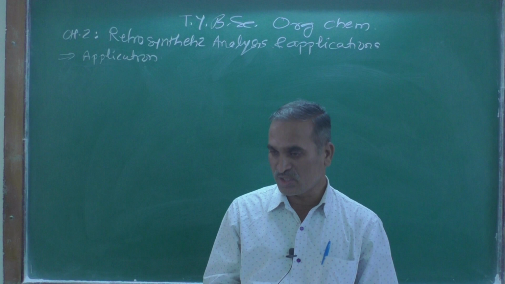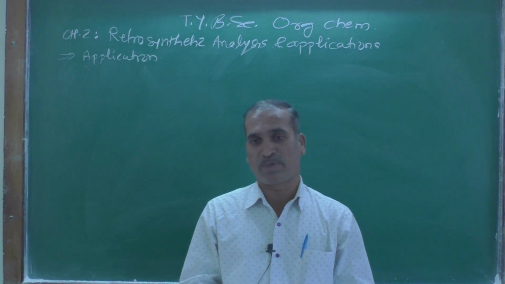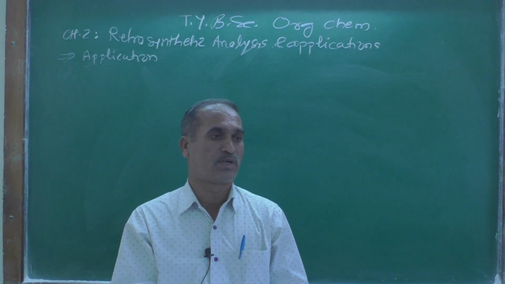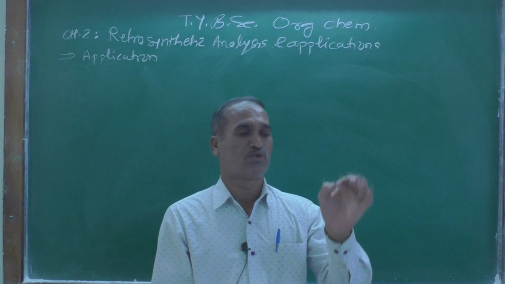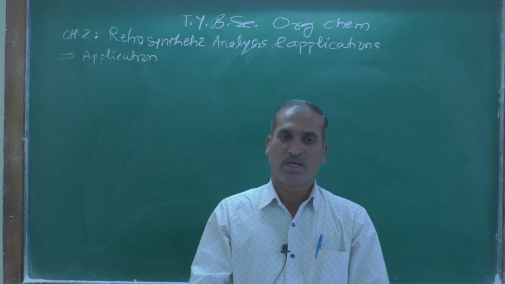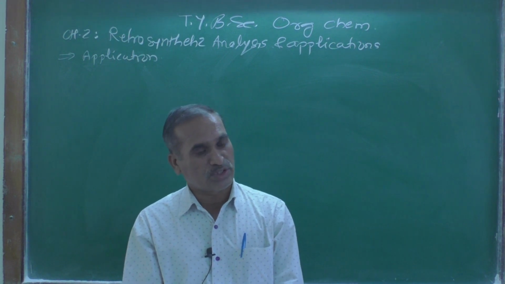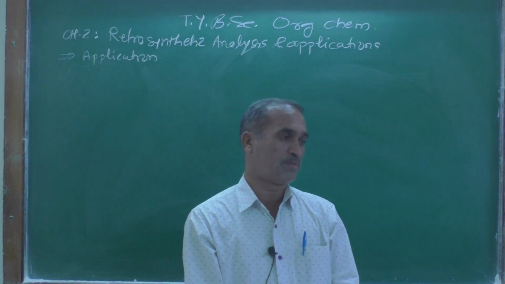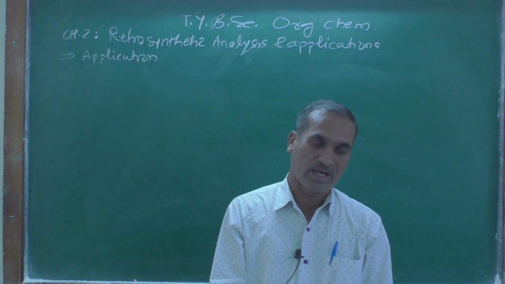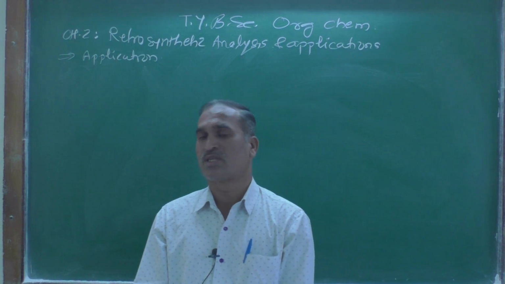An analytical operation which breaks a bond and converts a molecule into a possible starting material is known as disconnection, and it is a very important and essential step in retrosynthetic analysis.